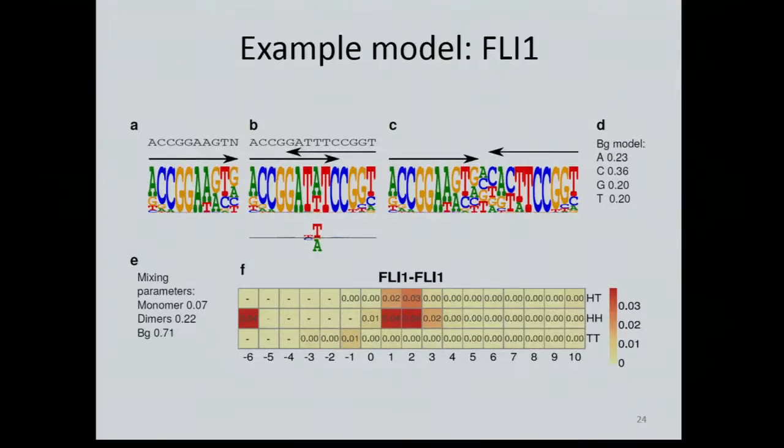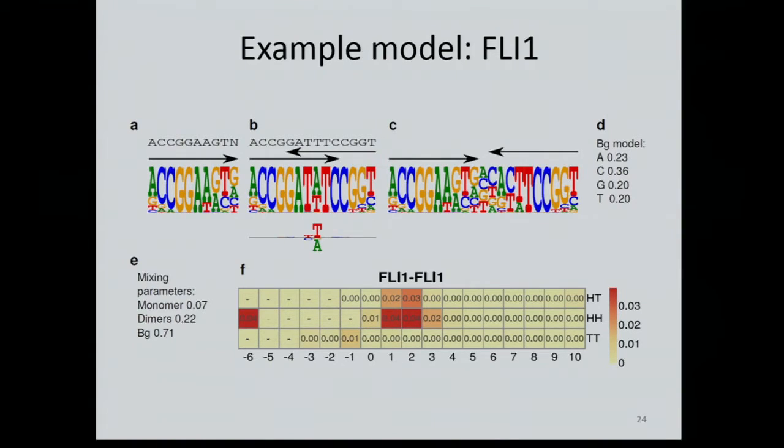Okay, and then here is an illustration of the resulting model for this factor. So here is the only monomer model for this Fli1, and here are the mixing parameters for all possible dimers that we have, with a certain range of these parameters that can be used.